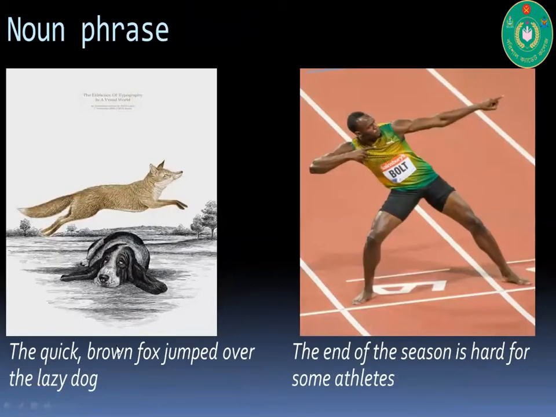Noun phrase. The quick brown fox jumped over the lazy dog. The quick brown fox is a noun phrase. The end of the season is hard for some athletes. Remember, this is the most common structure given in flowcharts: the end of the season. The, then adjective or adverb, then preposition, and then noun. So this is a common possible structure.